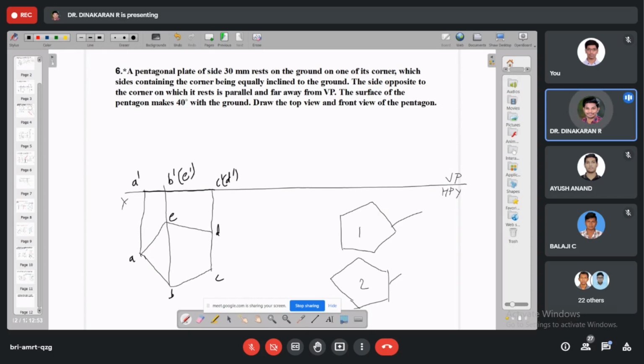So the surface inclination is 40 degrees to the ground. You see, the surface of the pentagon makes a 40 degree angle in the drawing. Then after that, A1 dash, B1 dash, E1 dash, C1 dash.